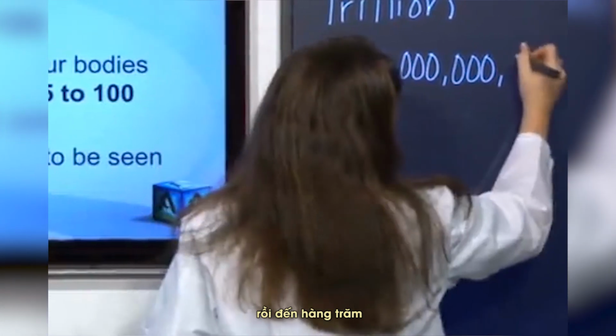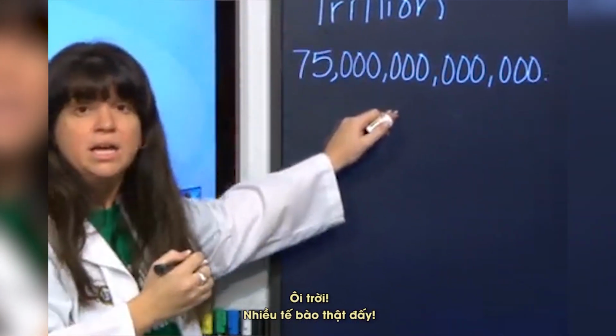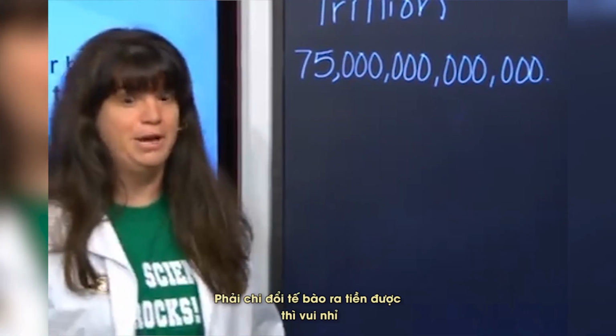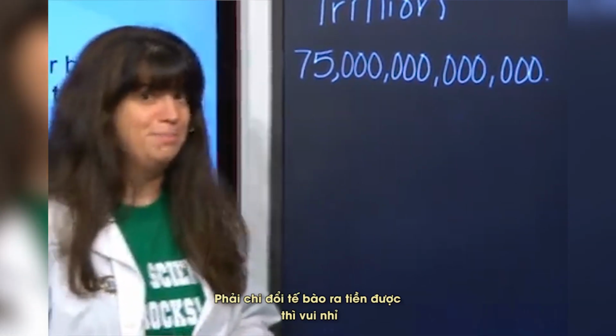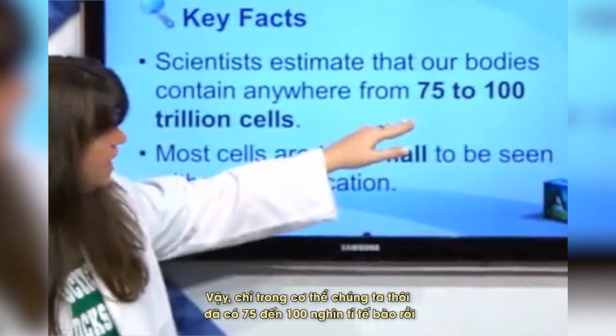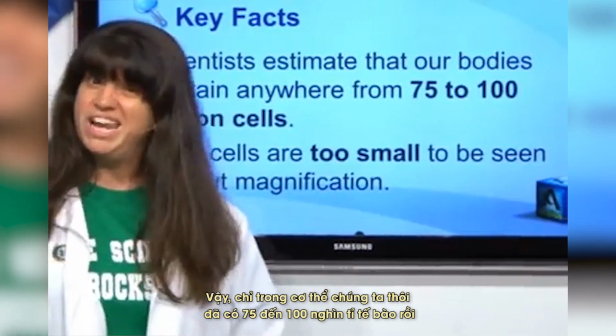Then we have our hundreds and down to our very one. Holy moly, that's a lot of cells. Look at those zeros. I wish I had a penny for each one. Wouldn't that be fun? So these scientists say that 75 to 100 trillion cells just in our body alone.